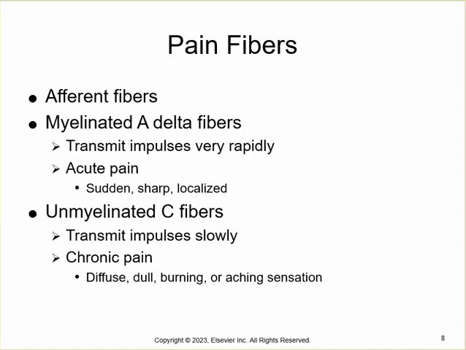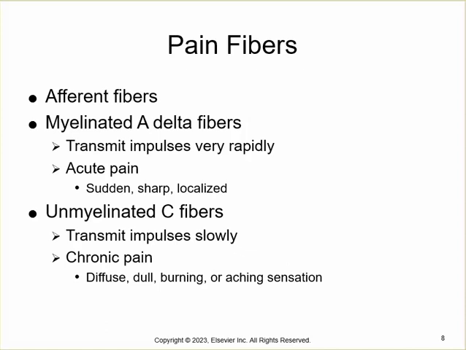So there's fundamentally two types of fibers. There are A delta fibers and there's C fibers. The A delta fibers are myelinated. They have the nodes around there and they transmit impulses very quickly because they are myelinated.